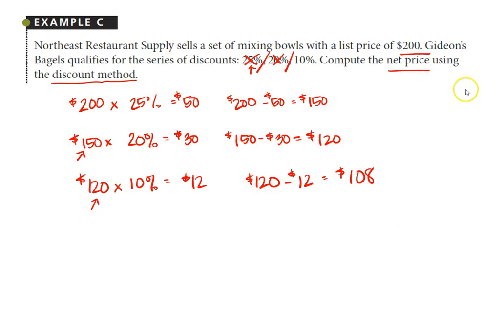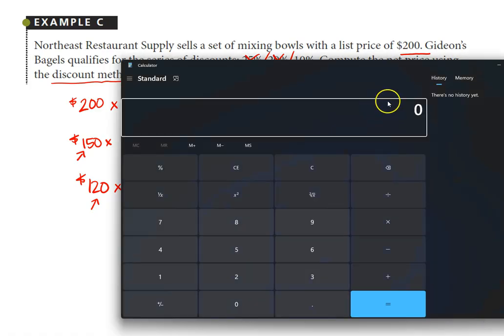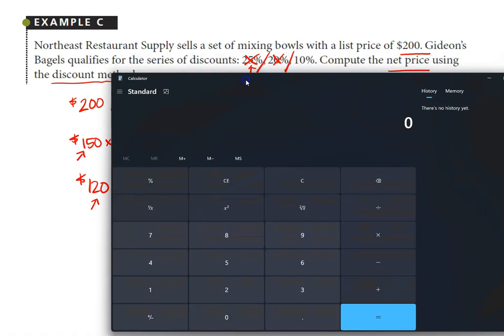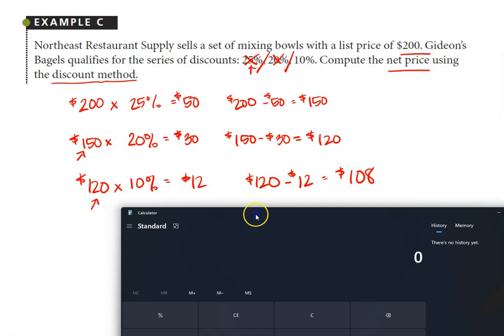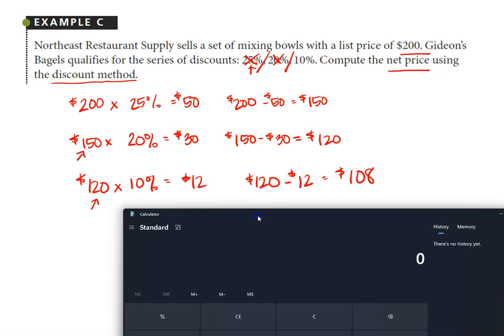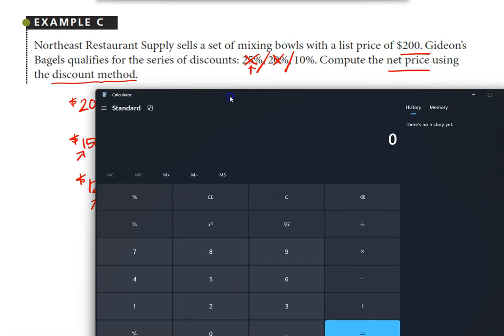And so let's see what happens if you were to do it the incorrect way and added everything up. And as I mentioned, it might be a little bit close, but it's not the same as this $108 net price. So if you were to add that 25% plus 20% and 10%, that would have given us 55% in total.